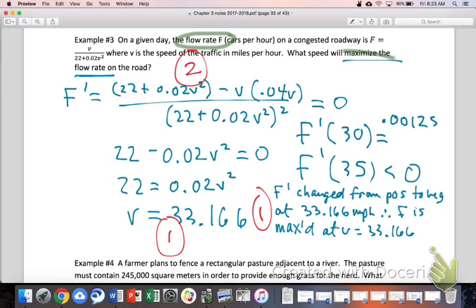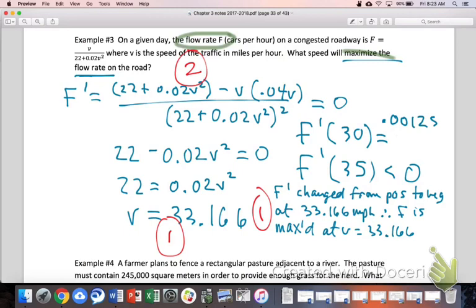But your concluding statement needs to be backed up by some kind of evidence. Since there was no graph supplied, you'd be able to supply some numbers here for sure. There was no general graph that was given to you. I'd want to see some evidence that f prime really did change from positive to negative. So probably 4 points, I'd say.